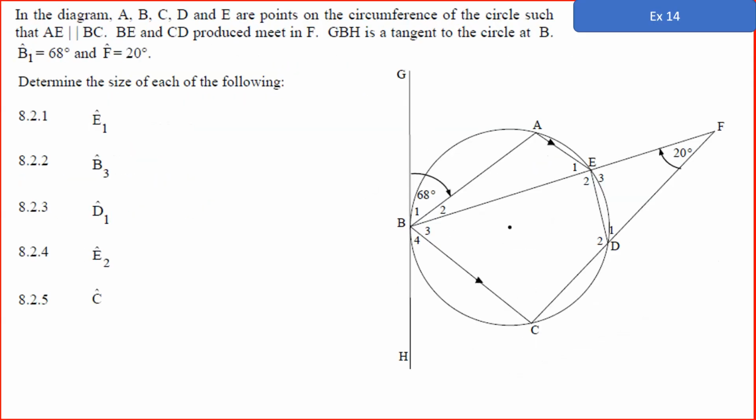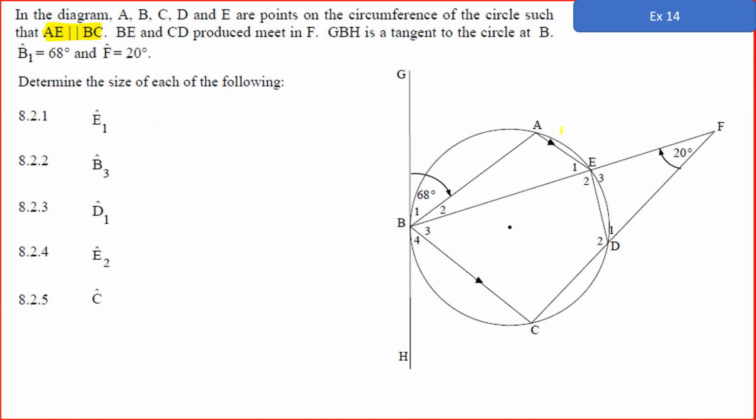Right, let's start. In the diagram, A, B, C, D, E are points on the circumference of a circle such that A, E, there's our first key points we're going to highlight. You've got to look for clues. Geometry is looking for clues. Parallel lines, we should be thinking alternate, corresponding, co-interior.